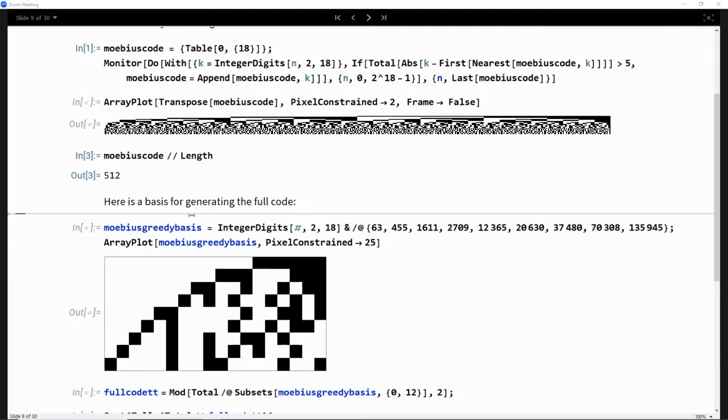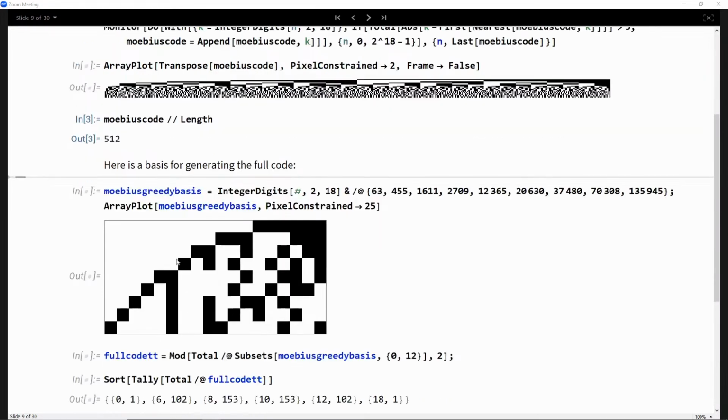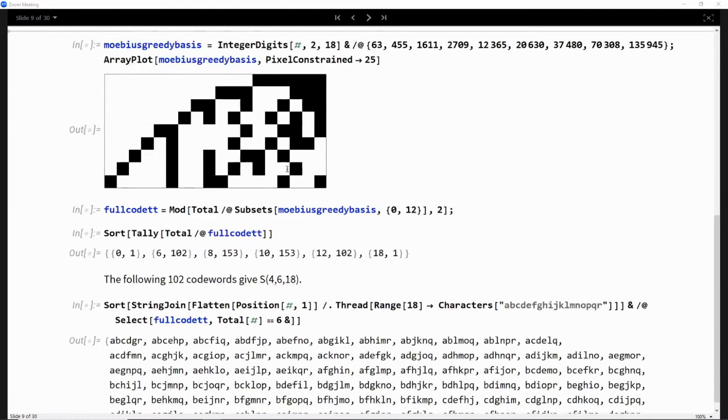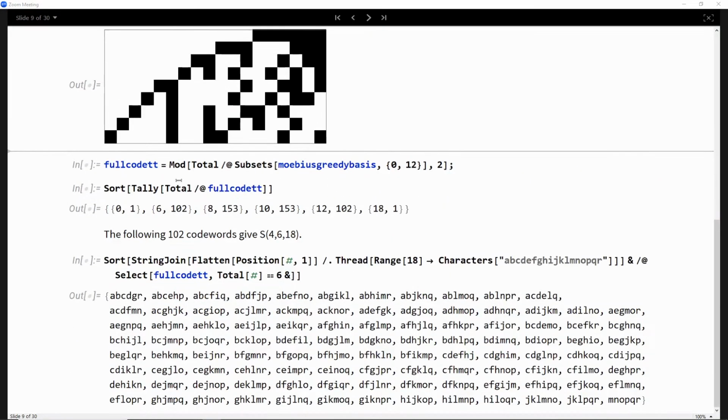And for this greedily generated code, here is a generating system. If you add all combinations of these, you get all of these 512 codes. And we can do a tally for the weights in these systems, and we get a set of 102 code words for Steiner system 4, 6, 18.